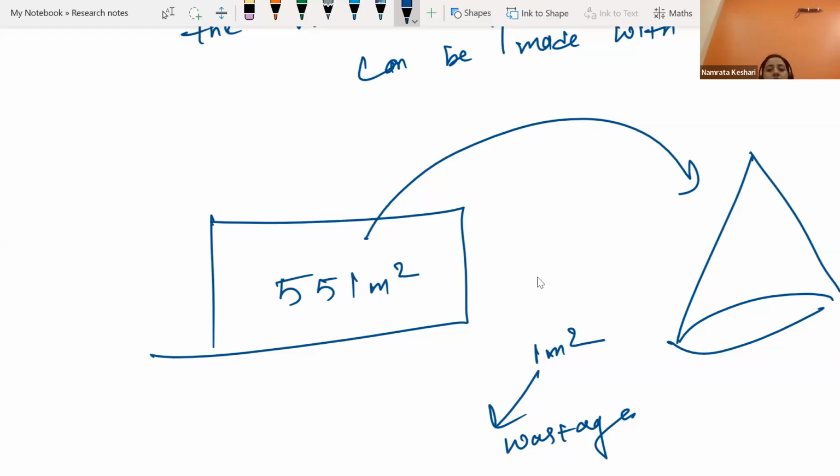That will represent the tent's curved surface area. क्योंकि tent basically तो हमारा ऐसा ही दिखता है, नीचे ground रहता है.